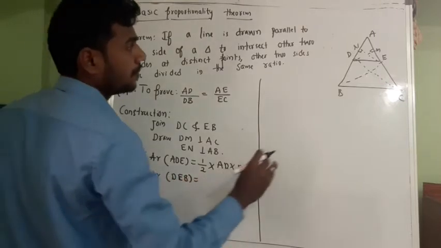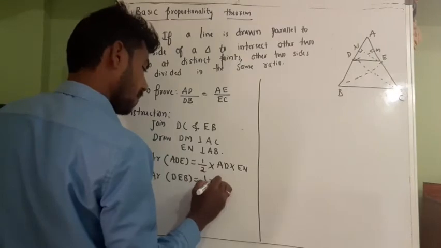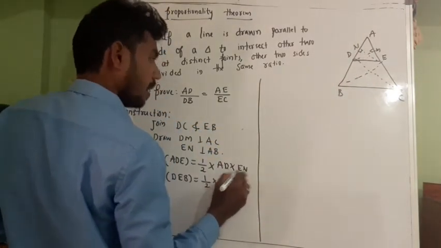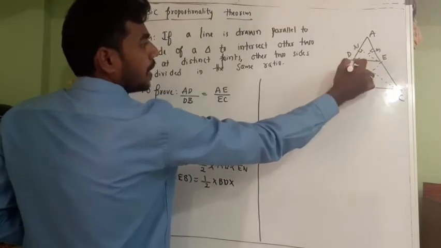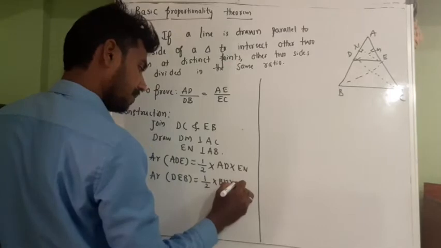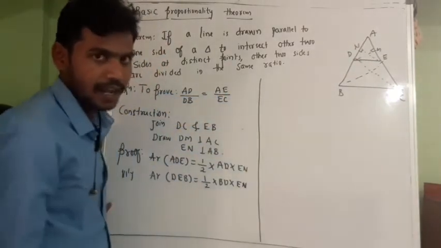Here BD will be the base, and the altitude, even if I take EDB, is EN. The altitude is lying outside the triangle, that's it.